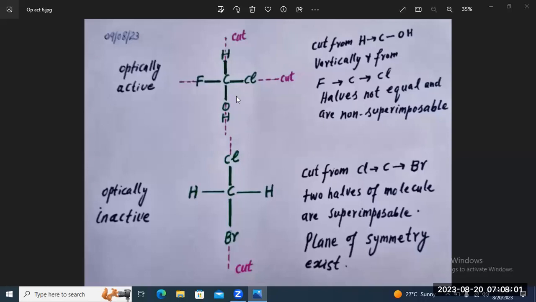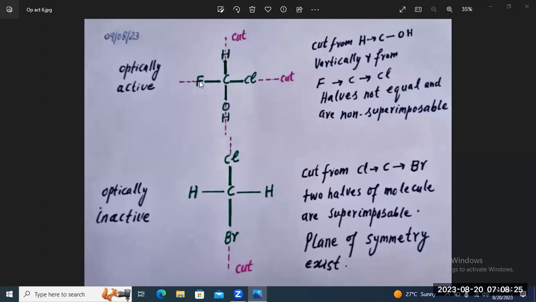The other examples to show the symmetry or dissymmetry. Here you can see the carbon atom, which is attached to four different atoms and groups.